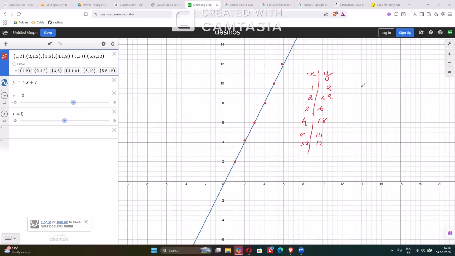We are trying to find an appropriate y equal to wx plus theta, or wx plus b. What do we mean by finding an appropriate wx plus b? An appropriate w and b.